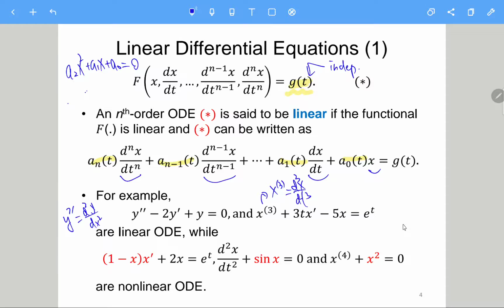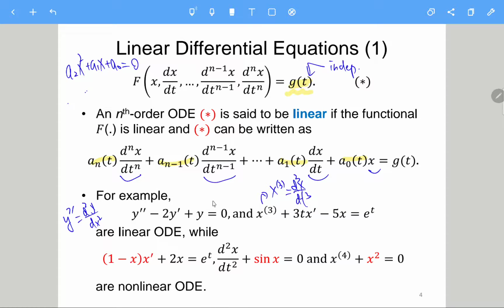Otherwise, you would need something like x prime prime prime, or for the fourth order it would be very strange and difficult to read. So we'll use this bracket to represent the order of the derivative. So this is an example.